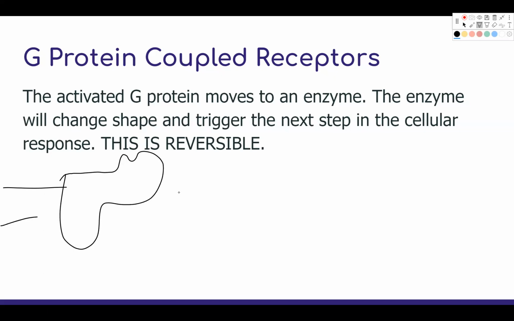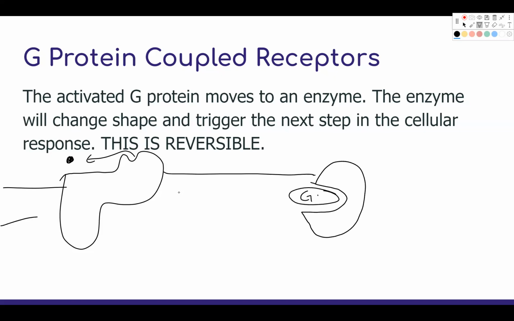So our G protein coupled receptor, that ligand is actually gonna leave. That binding is reversible, so it can just kind of pop off whenever it's done. And now the activated G protein can slide along that membrane over to the enzyme.